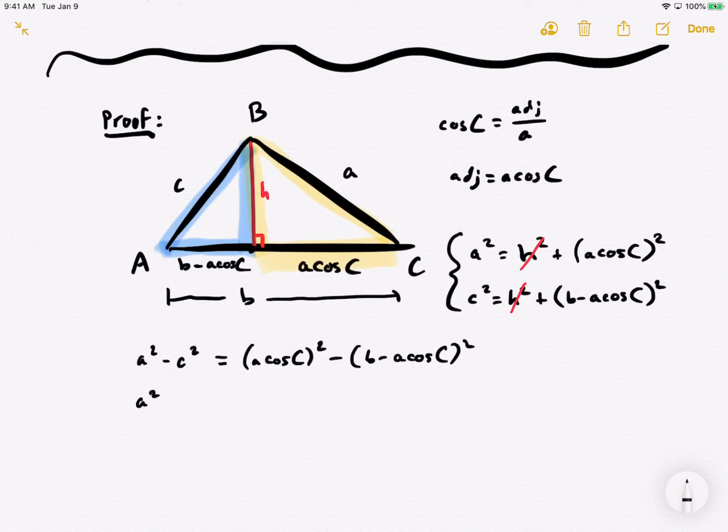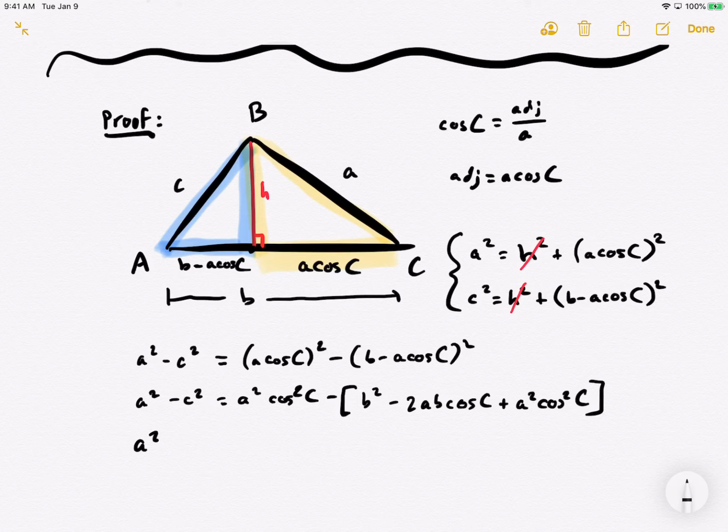So as I start to simplify this algebraically, I'll get a squared cosine squared c minus this binomial squared, which will be the first term squared, minus two times the middle terms, which would be the product of b and a cosine c, so that'd be 2ab cosine c, plus the last term squared, which would be a squared cosine squared c.